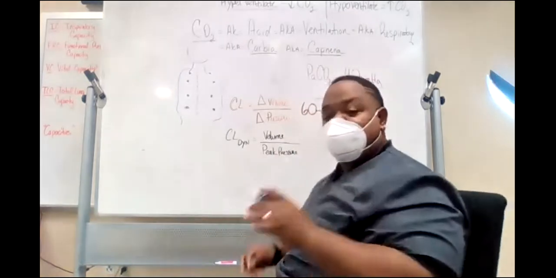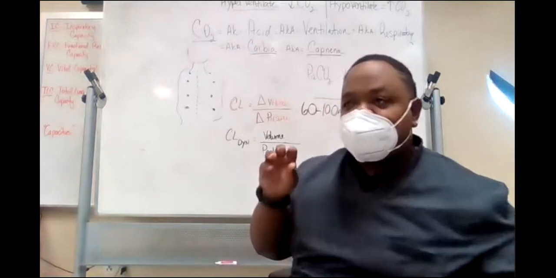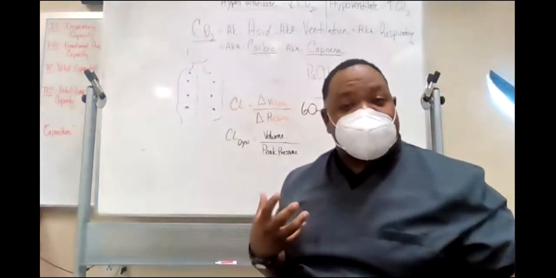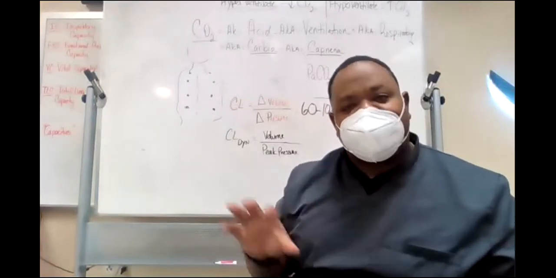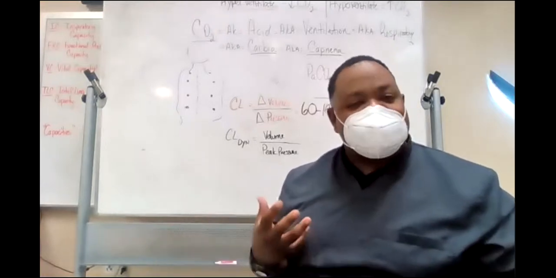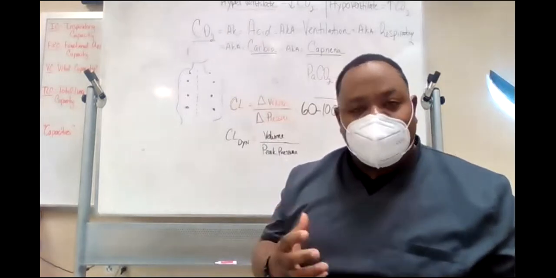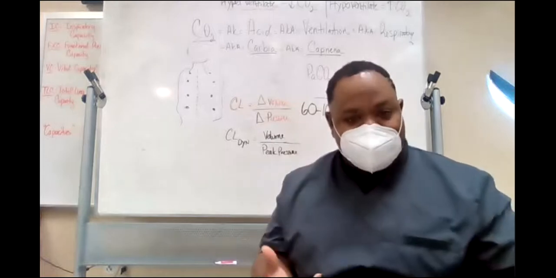The peak pressure is the pressure that is taken for me to give you that volume. All right. When I put some volume into one of y'all, I'm gonna get a pressure back. How much pressure did it take for me to give it to Laura? But if I put that same volume in Kelsey, it's gonna be a different pressure back. And it's mainly because of height. The lungs are anatomically based on height mostly.